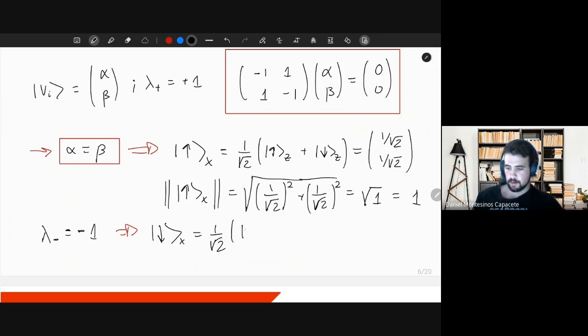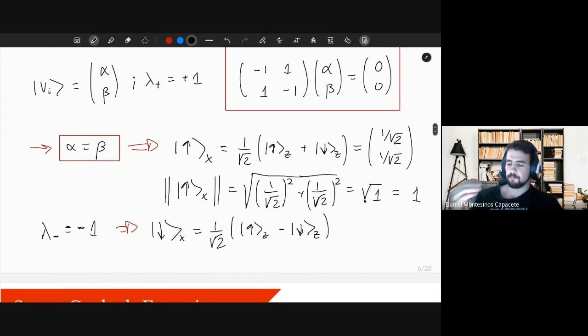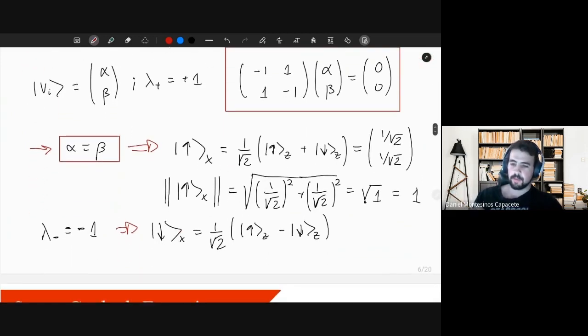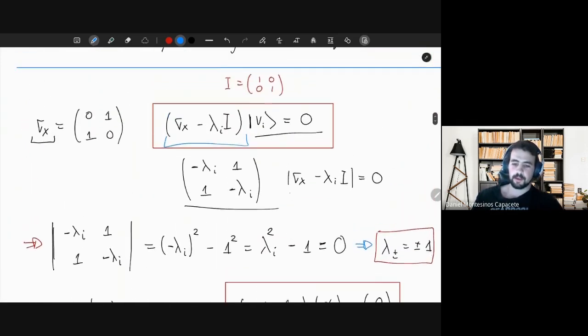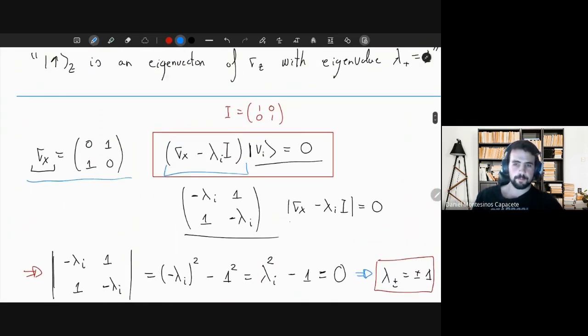So you will get something very similar, but with a minus here, right? It's quite straightforward. So we have already found the eigenvectors: here we have one eigenvector, here the other one, for this operator.